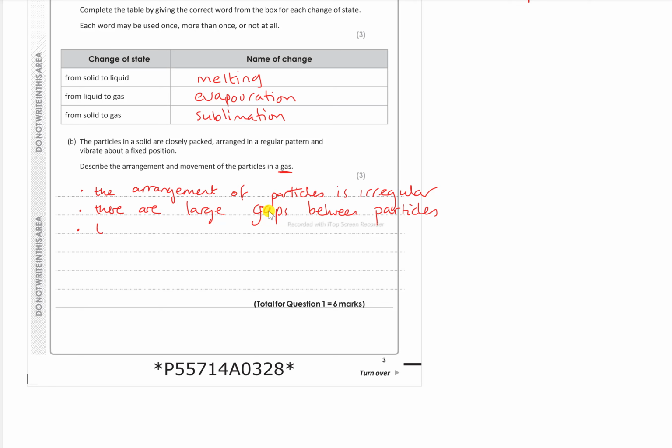There is random movement and they move very quickly.